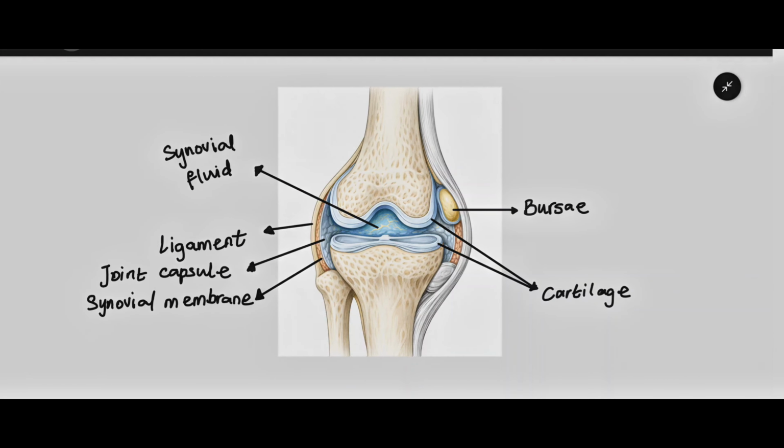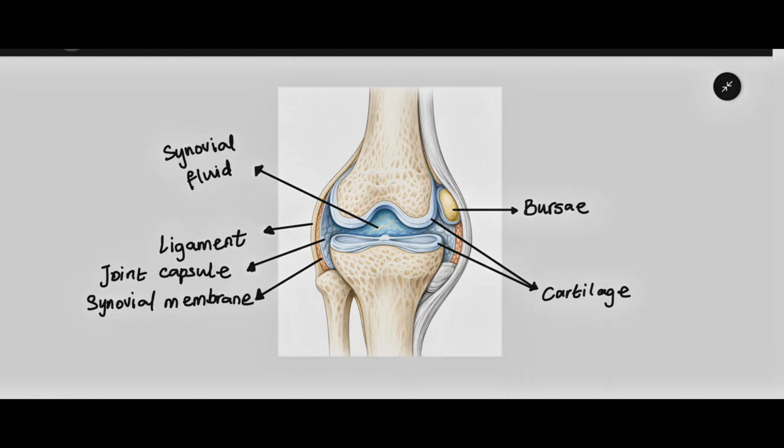So we have the synovial membrane, which is what produces synovial fluid. Synovial fluid is the fluid that lubricates the joints so that your bones don't grind. You have the joint capsule, which is like a tough sleeve that closes and supports the joint. We have the bursa.